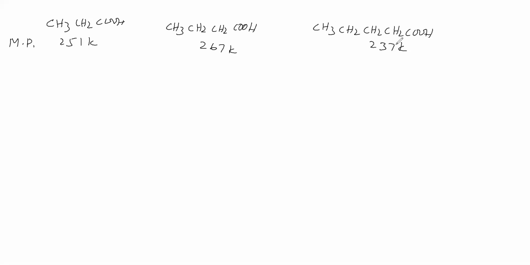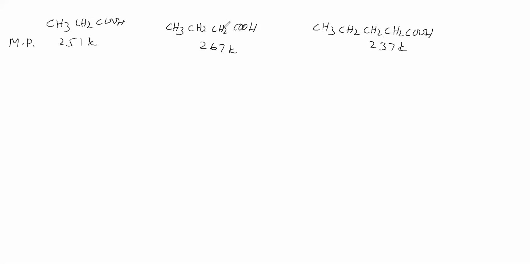So how do the melting points behave? For an even number of carbons, the melting point is higher; for an odd number of carbons, it is lower. Butanoic acid contains an even number of carbons, so its melting point is high. On its left and right sides, the acids with odd numbers of carbons have lower melting points than it. So the even-carbon acid has a higher melting point than the odd-carbon acids on either side.